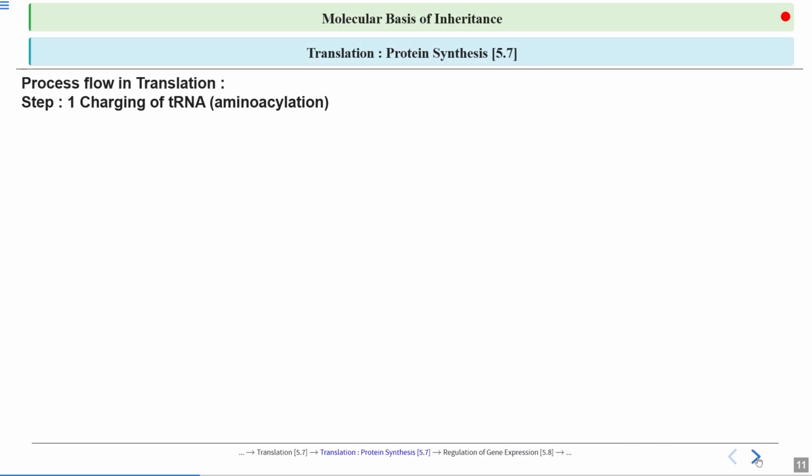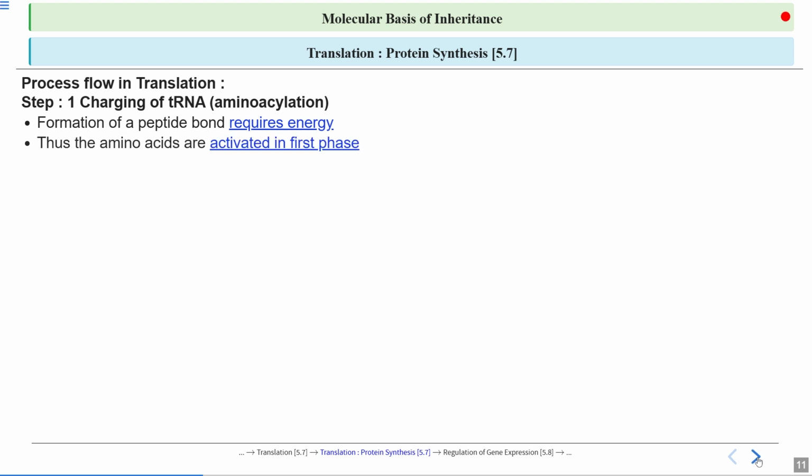First is charging of tRNA, that is amino acylation. What they are saying is that formation of peptide bonds requires energy. Thus, amino acids are activated in the first phase. Because after the amino acids are formed, we need to join them with the help of a peptide bond.